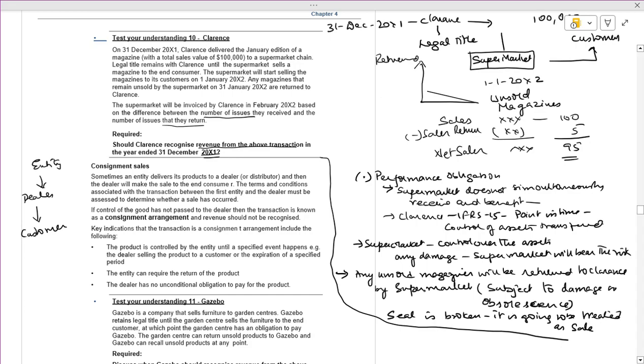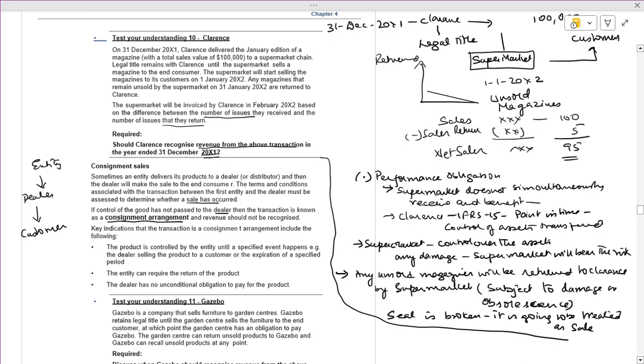See the terms and conditions. The transaction between the first entity and the dealer must be assessed to determine whether a sale has occurred. If the control of the good has not passed to the dealer, then the transaction is known as a consignment arrangement.